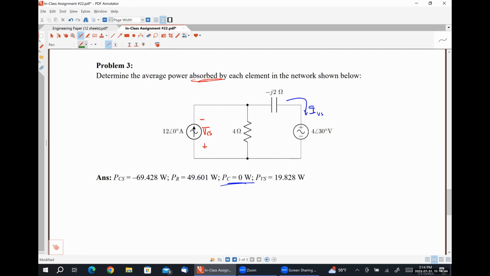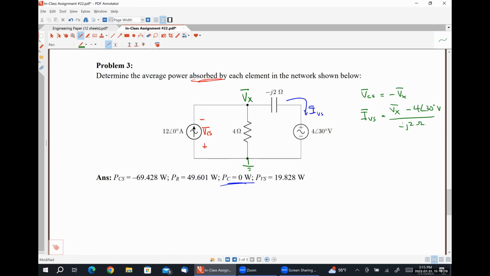How I am going to approach this problem is by putting ground down here at the bottom and solving for this nodal voltage Vx. And the reason I'm doing that is because I can see by inspection that VCS is just negative Vx, and IVS is going to be Vx minus 4 angle 30 degrees volts divided by minus J2 ohms.